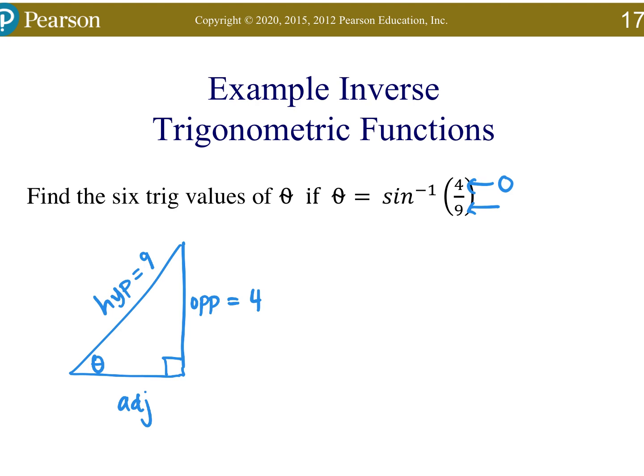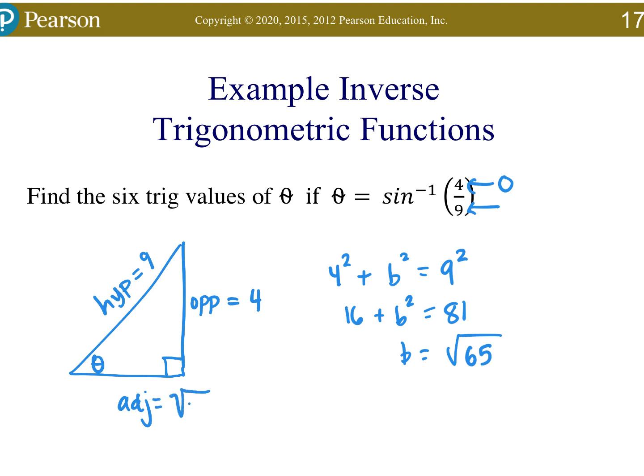Pythagorean theorem, because it's a right triangle. So a squared plus b squared has to equal c squared. So 4 squared plus the base squared is going to have to equal 9 squared. That's 16 plus b squared equals 81. So b must be the square root of 81 minus 16, which is 65. All right, so my base, my adjacent, is rad 65.